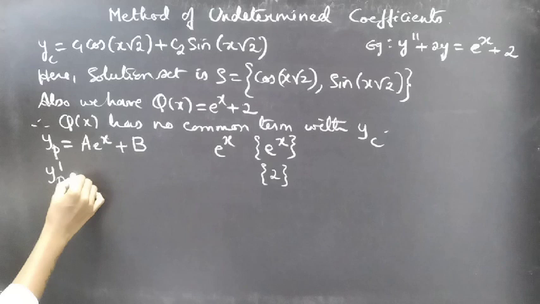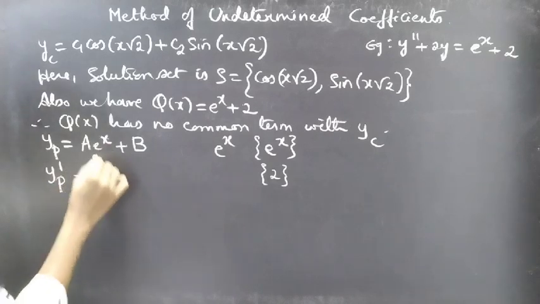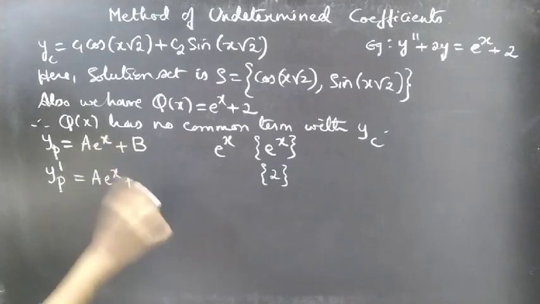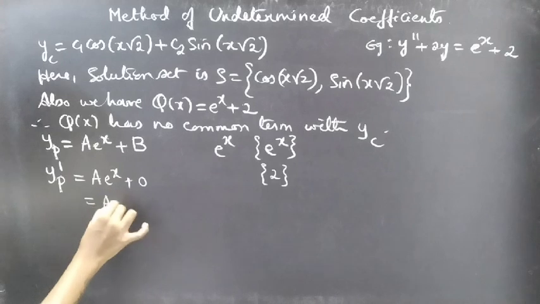Now coming to yp, we'll find yp dash, which gives us the derivative of a e power x: a into the derivative of e power x, which is e power x, plus the derivative of b, which is an unknown, is 0. So yp dash will be a e power x.